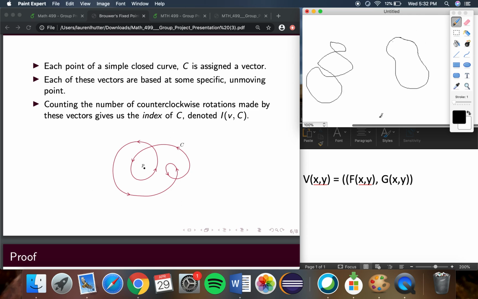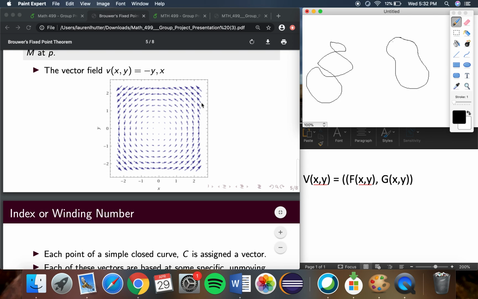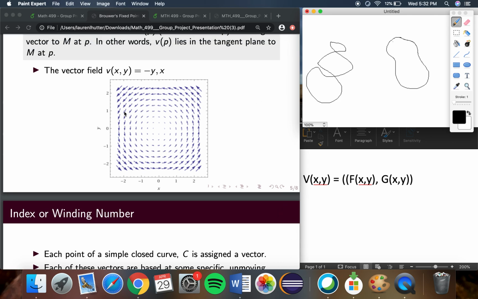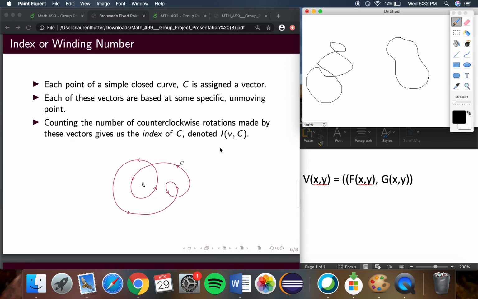So now we want to think about the idea of placing a curve like this into a vector field like here. So if I were to place this curve into this vector field here, I could look at each of the points along this curve and I could assign to them their respective vector that comes off of each point.